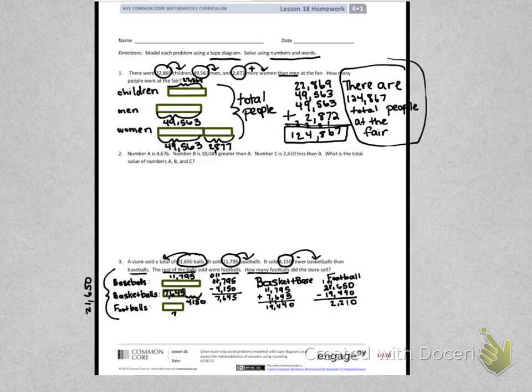And that is how many footballs we are going to have. So the directions are asking us how many footballs did the store sell? The store sold 2,210 footballs.